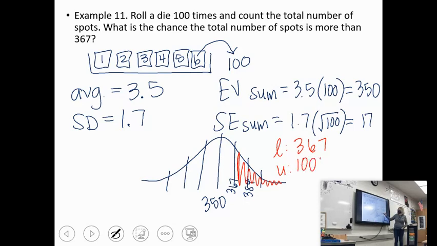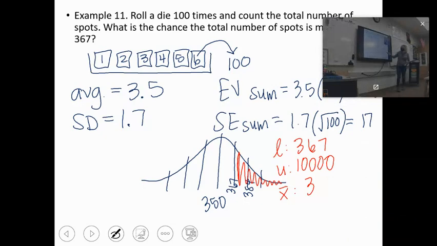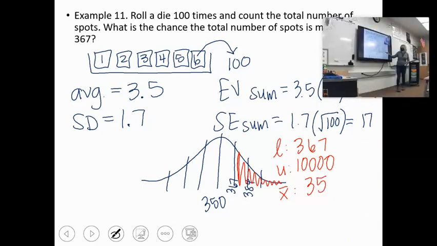That's the magic number. Good job. And then what is the mean? 350. That's the average of our normal curve, right?